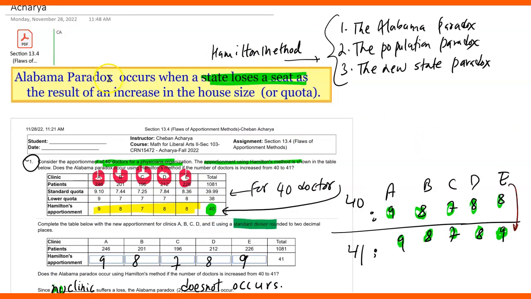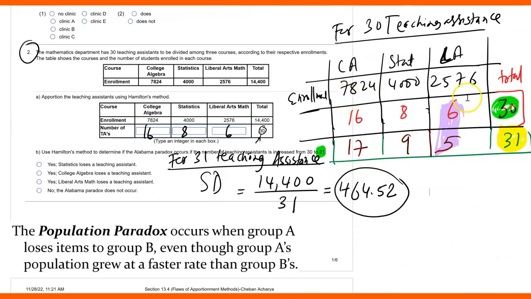Remember that the Alabama paradox occurs when a state loses a quota or seat as a result of an increase in the house size or quota. See, we increased the size from 30 to 31, but the liberal arts course loses a teaching assistant, of course, by 1. Therefore, the Alabama paradox occurs. The other groups do not lose a quota, but liberal arts does.